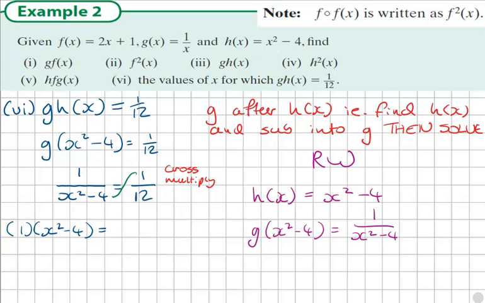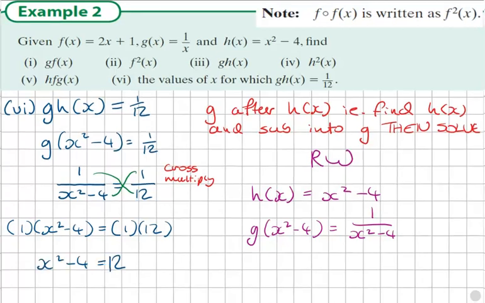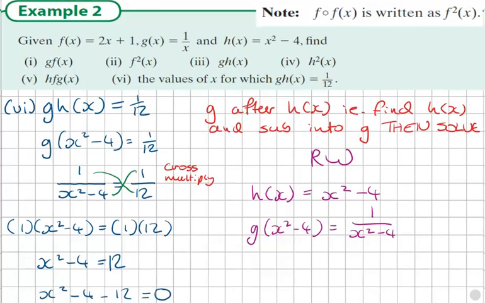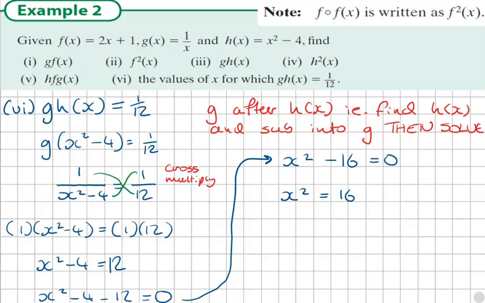So we're going to multiply 1 by x squared minus 4, and then have our set of brackets around each of those and our equal sign. And then we're going to multiply 1 by 12. And multiplying out the brackets, we get x squared minus 4 is equal to 12, which gives us x squared minus 4 minus 12 is equal to 0, which gives us x squared minus 16 is equal to 0, which is x squared is equal to positive 16.